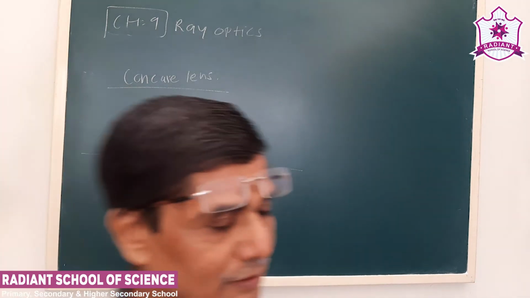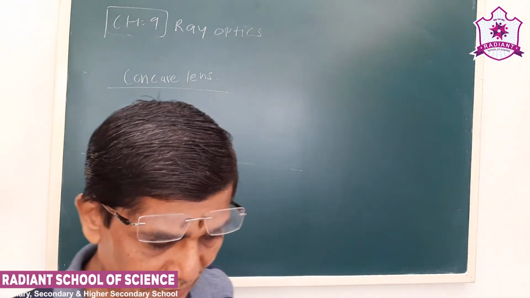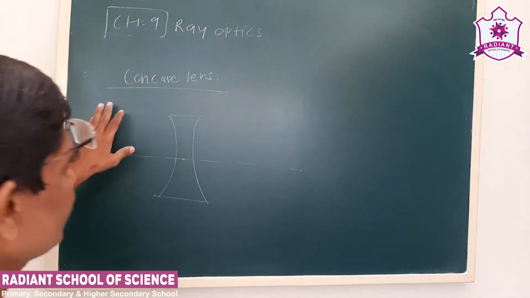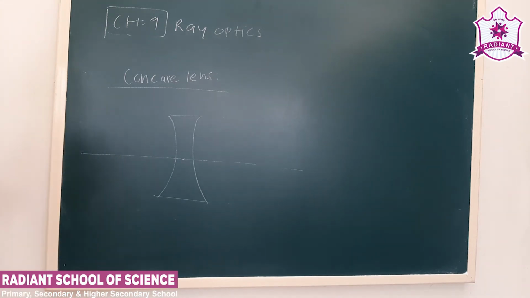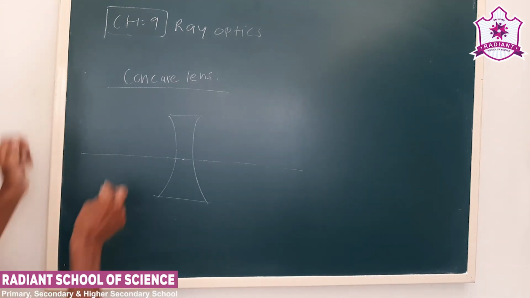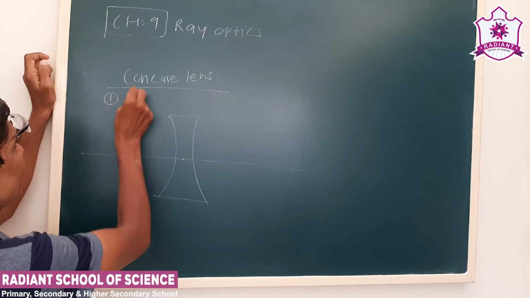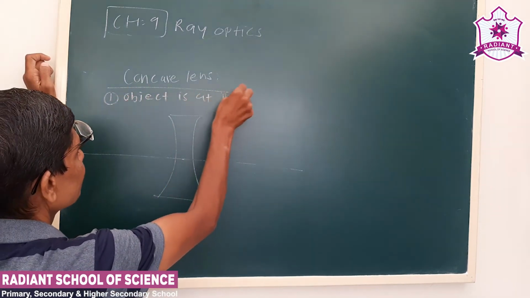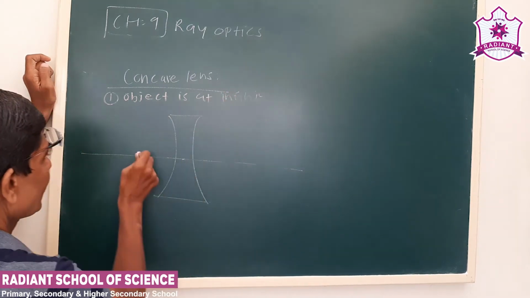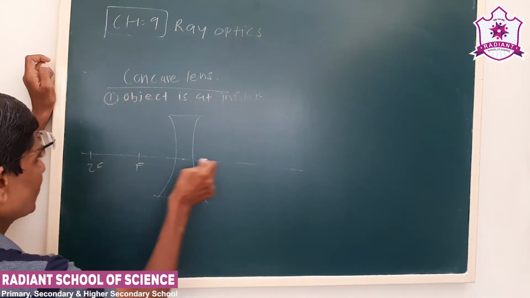Whatever basic terminology we saw to draw the ray diagram, the same will be used for the concave lens also. Now the first condition we have seen, the object is at infinity. Concave lens has a virtual focus.